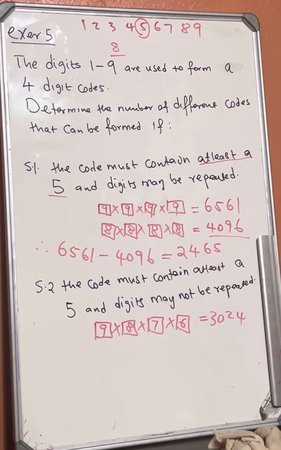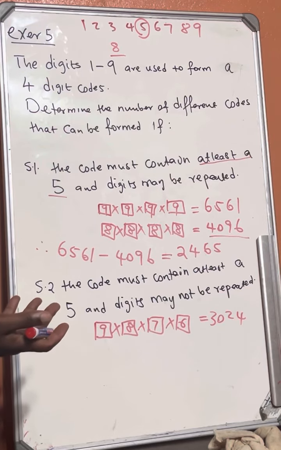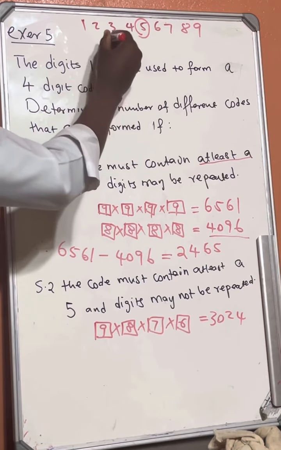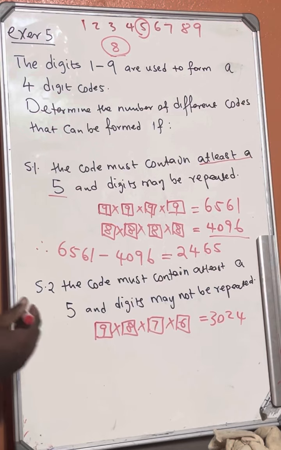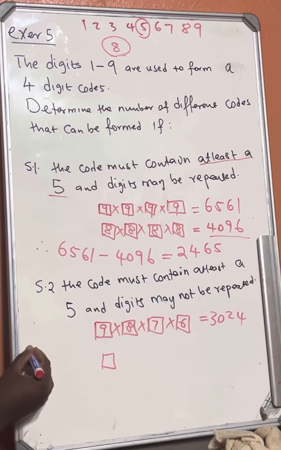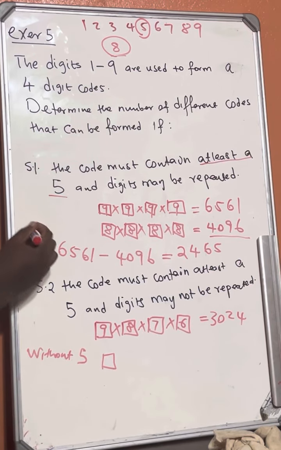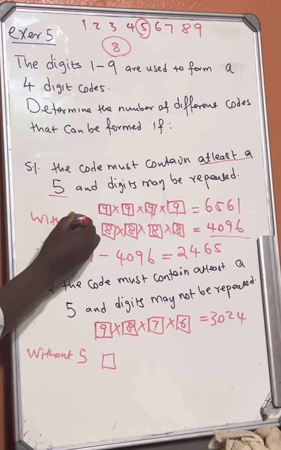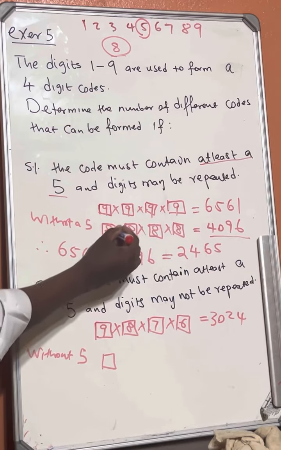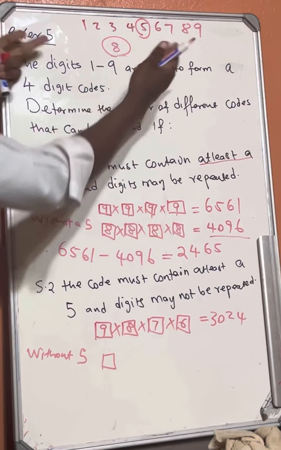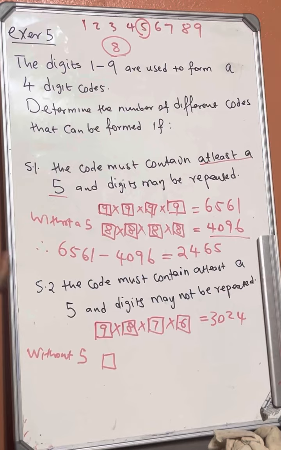Okay? On the next one, I'm removing a 5. How many numbers will I be left with when I remove a 5? 8. Okay? This is without a 5. This 8 is not the earlier 8. It's to say you're choosing from 8 numbers because one number is removed, which is a 5.